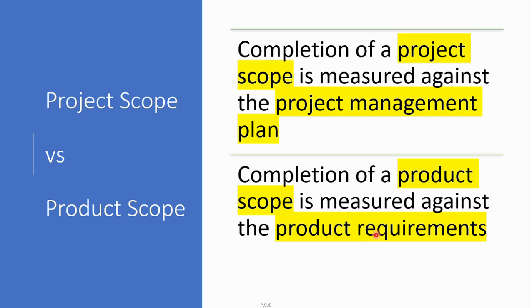And the completion of the project scope of developing an electric vehicle will depend on the success you get in reference to your project management plan, whether you have launched the electric vehicle on time, on budget, and the required product scope is also achieved.